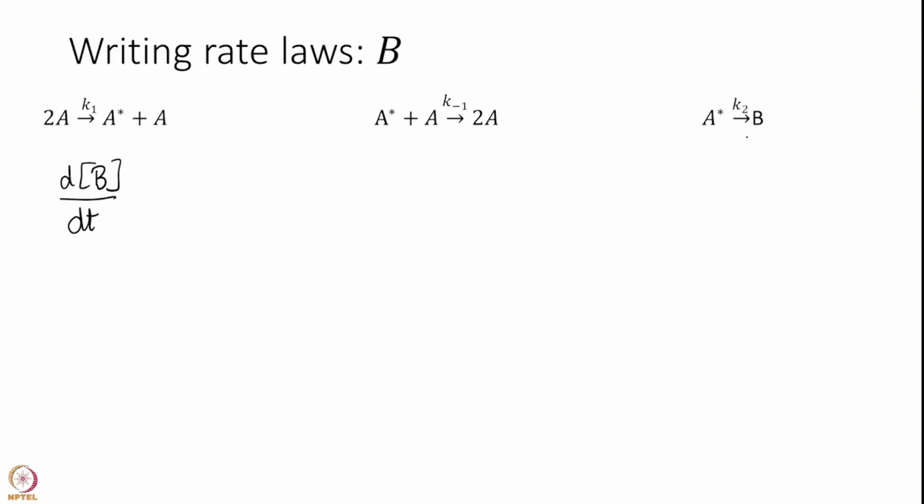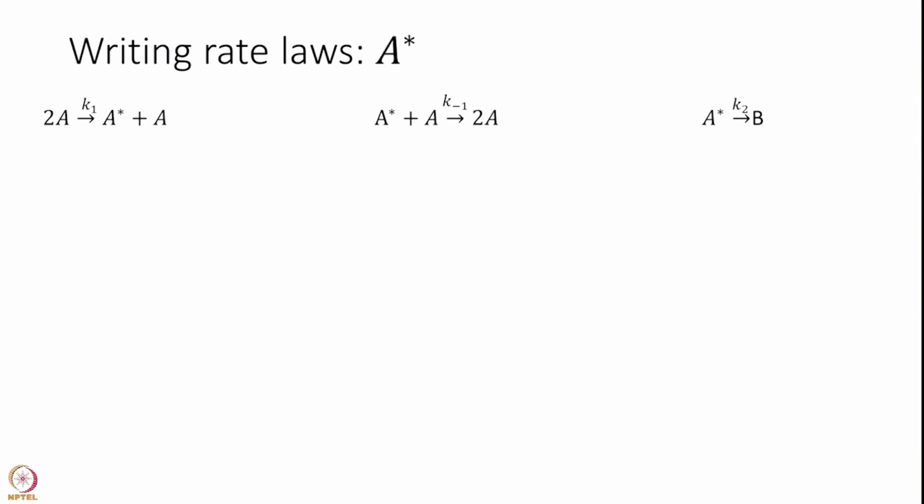I note that B appears only and only here. B here is a product. So, this will be equal to K2 A star. Yeah, it is positive because it is product side, and I use K2 into A star is the reactant. So, B is easy.